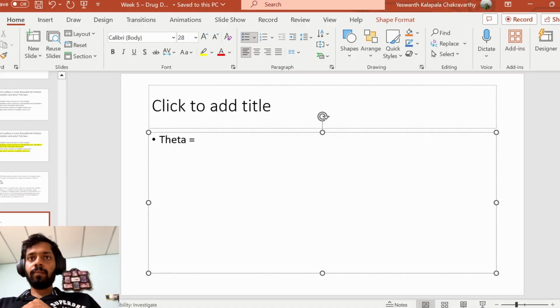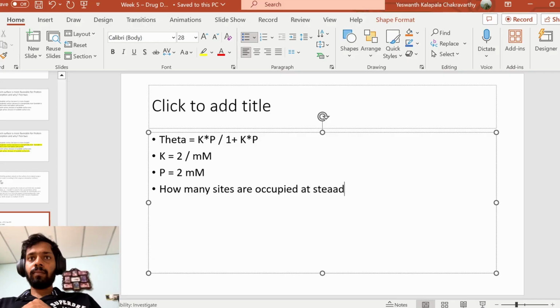Okay. K times P by 1 plus K times P. So this is the formula they've given us, and we know K is equal to 2 per millimolar, and P is the concentration they've given as 2 millimolar. Now what they're asking is how many sites are occupied at steady state.